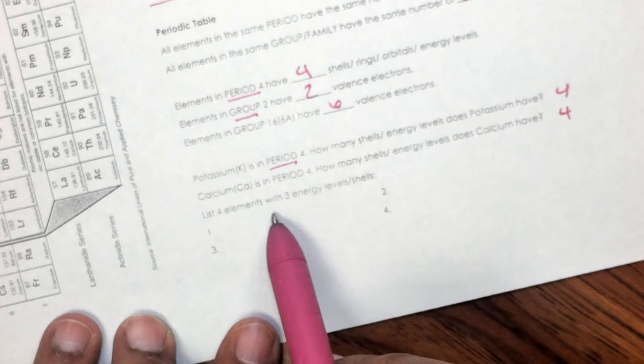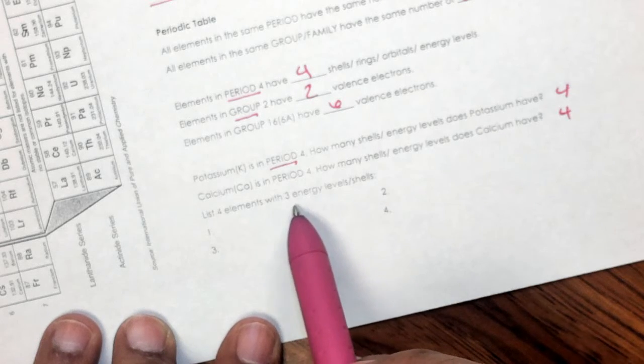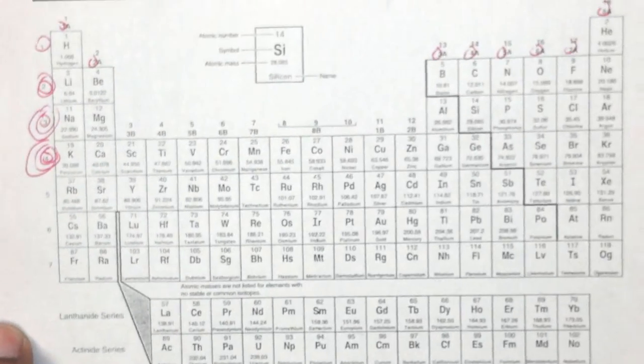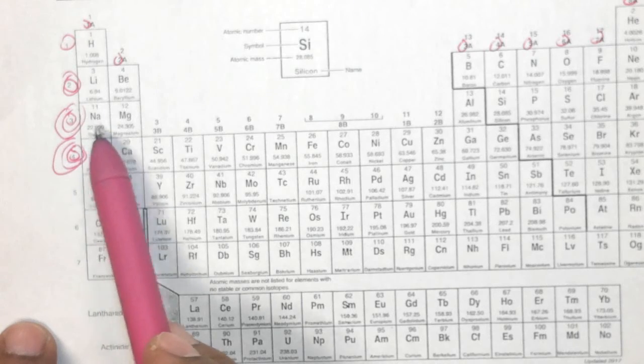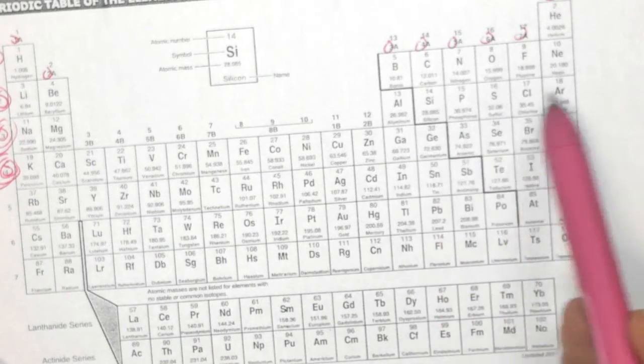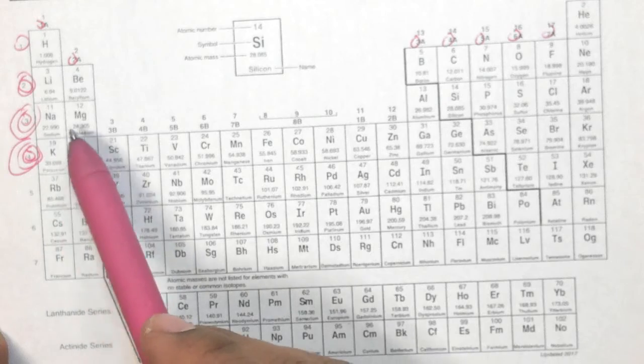List 4 elements with 3 energy levels. So all you would do is find period 3, because it has 3 shells, 1, 2, 3, 4, 5. You can list any of those. I would say sodium, magnesium, aluminum, and silicon.